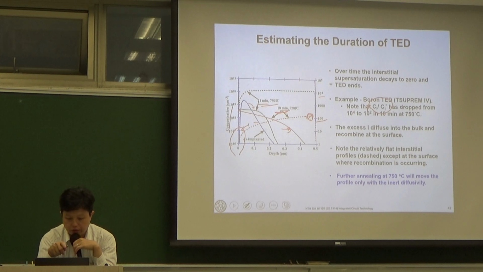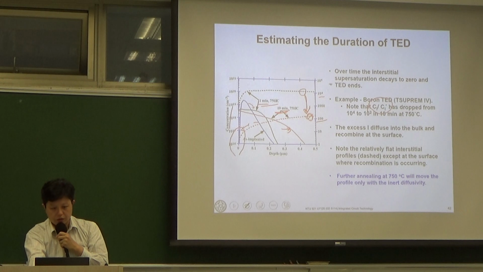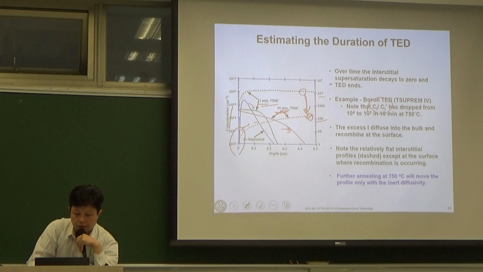Okay, so I think the important figure to remember is this curve. You can see this supersaturation of our interstitial concentration drops when we increase the time due to this I and V recombination process.